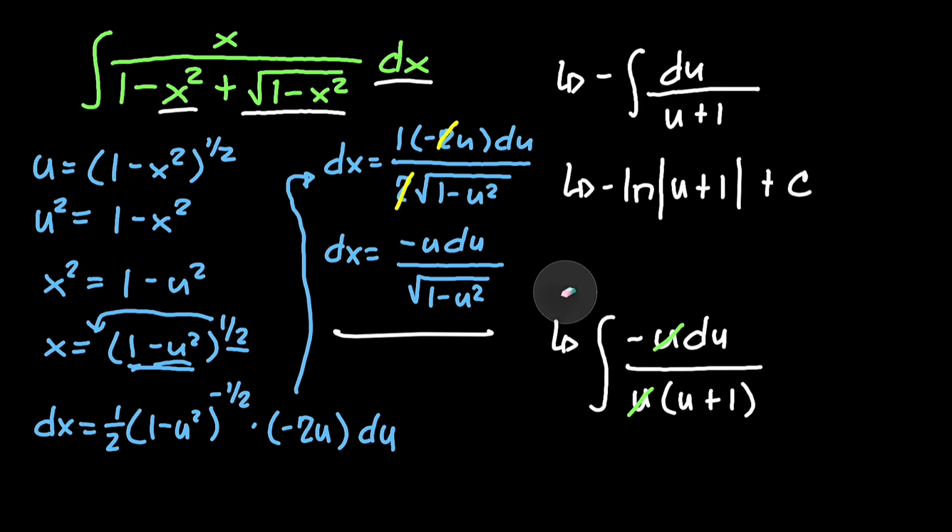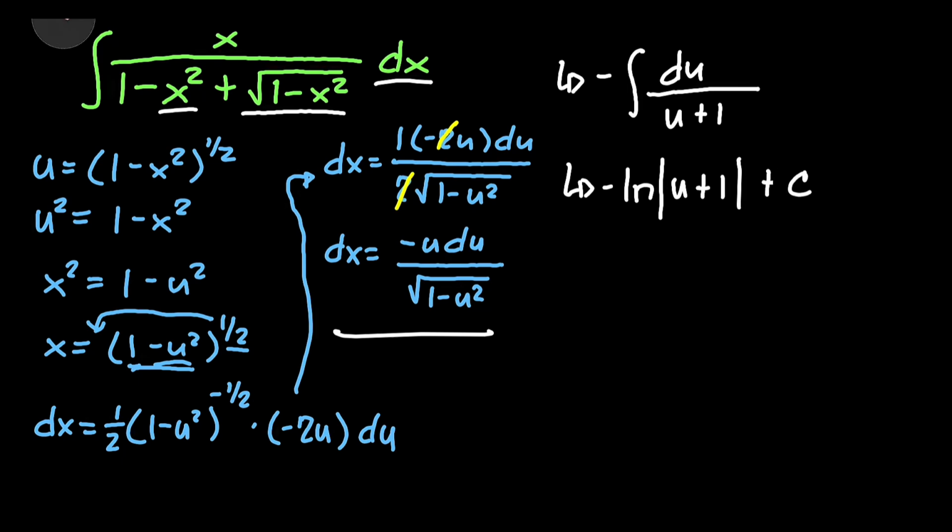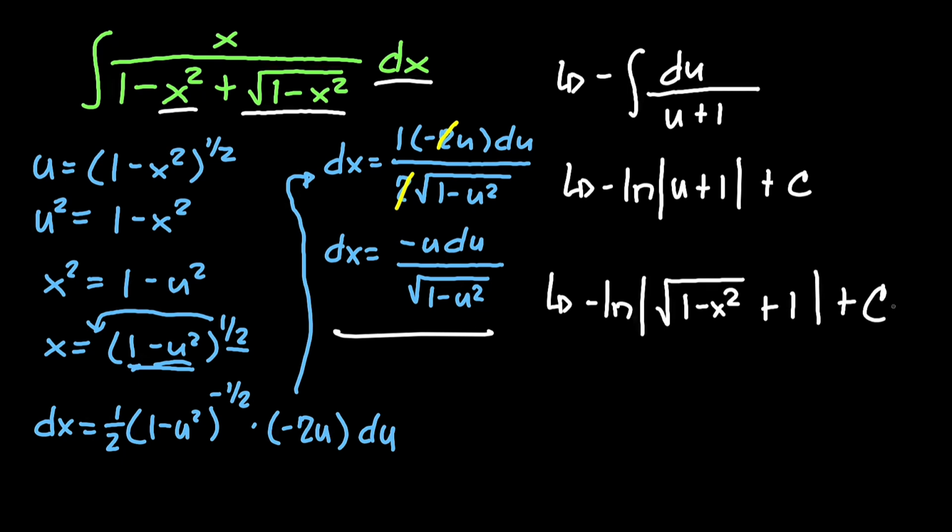But we are not done yet here because we have to substitute u back into its original form. So, negative ln, the absolute value of u here is the square root of 1 minus x squared, plus 1, plus the constant of integration. This shall now serve as your final answer.